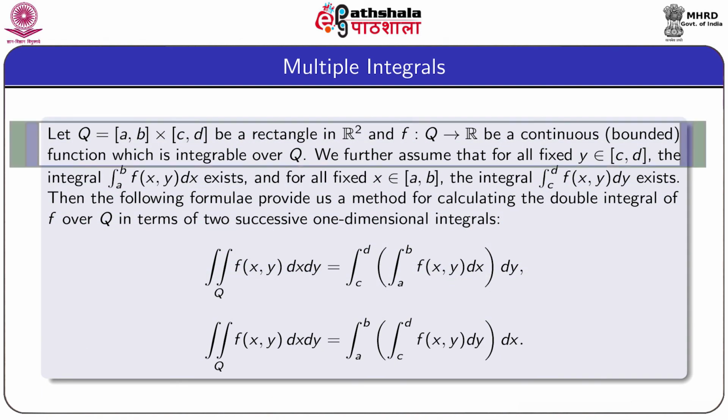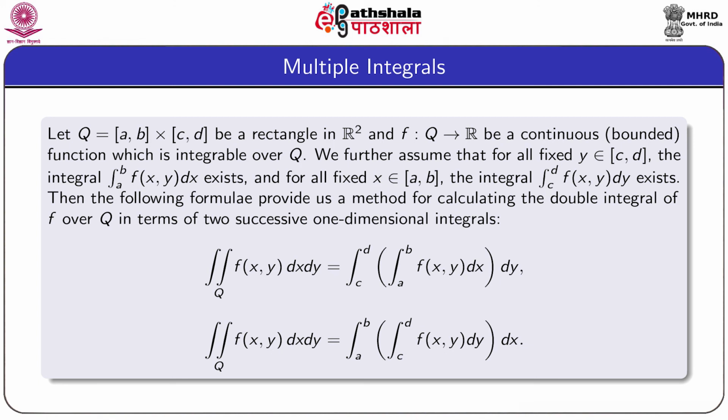Let Q be the Cartesian product of two bounded closed intervals [a, b] and [c, d]. So, this is a rectangle in R2, and f from Q to R is a continuous function.